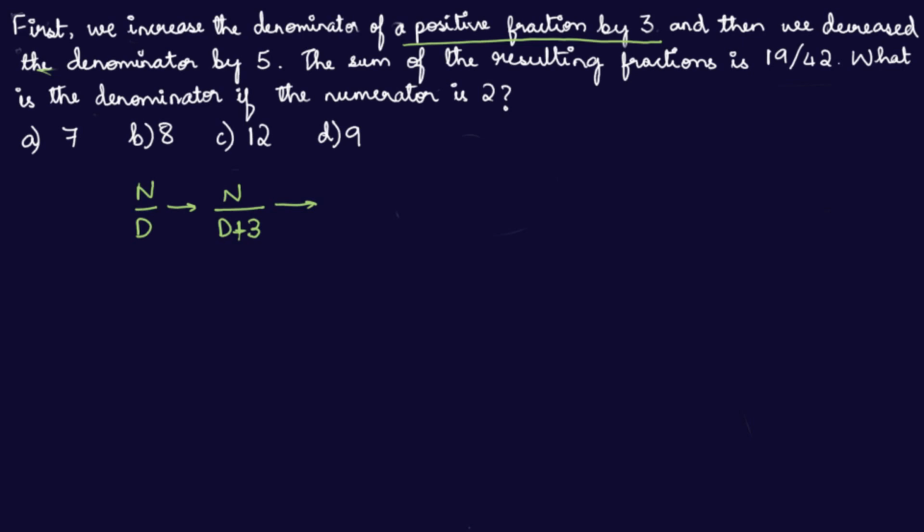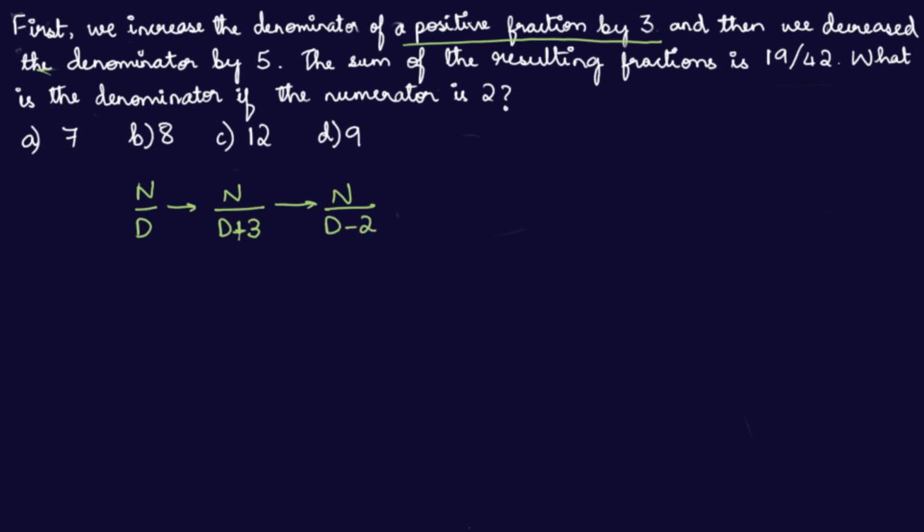Then we decrease the denominator by 5, which means d plus 3 is reduced by 5. The new denominator will be d plus 3 minus 5, which is d minus 2, right? So let us write that down here, numerator by d minus 2.